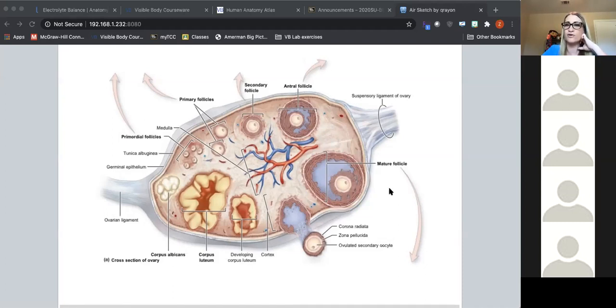The mature follicle is going to generate a peak in estrogen, and this peak in estrogen will cause a peak in the luteinizing hormone. The peak in luteinizing hormone will initiate or stimulate ovulation. So this phase of the ovarian cycle where we see the development of the mature follicle is called the follicular phase because we're focusing on the follicle.